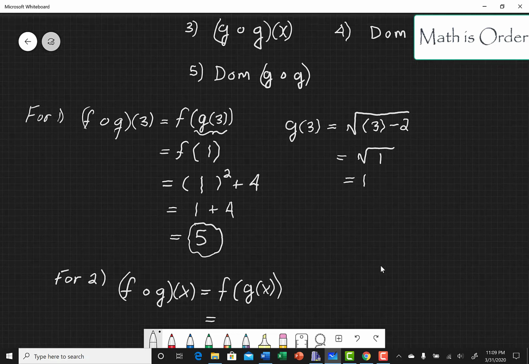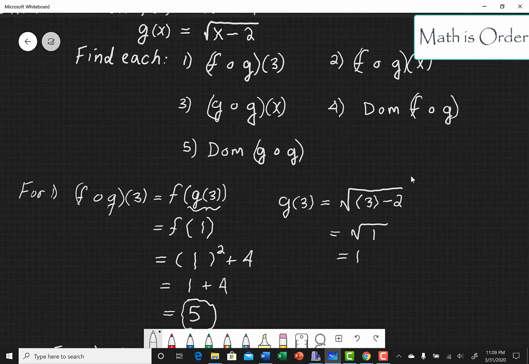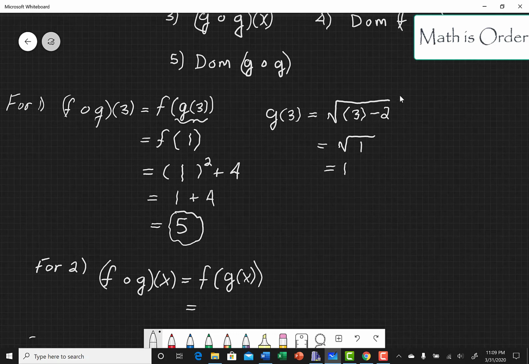And what is g? g was, see, square root of x minus 2. So I'm just taking my time, putting in square root of x minus 2. Okay? And now, the thing is to put this square root of x minus 2 into the function f.